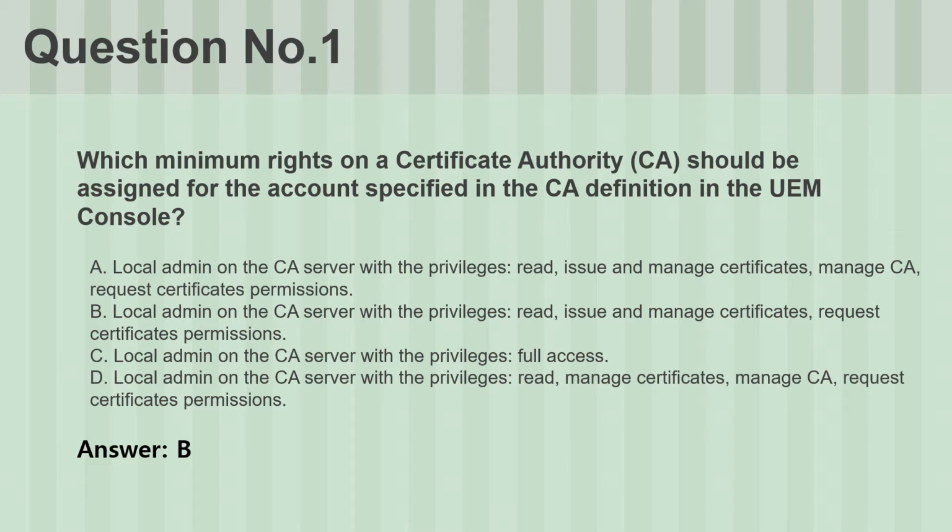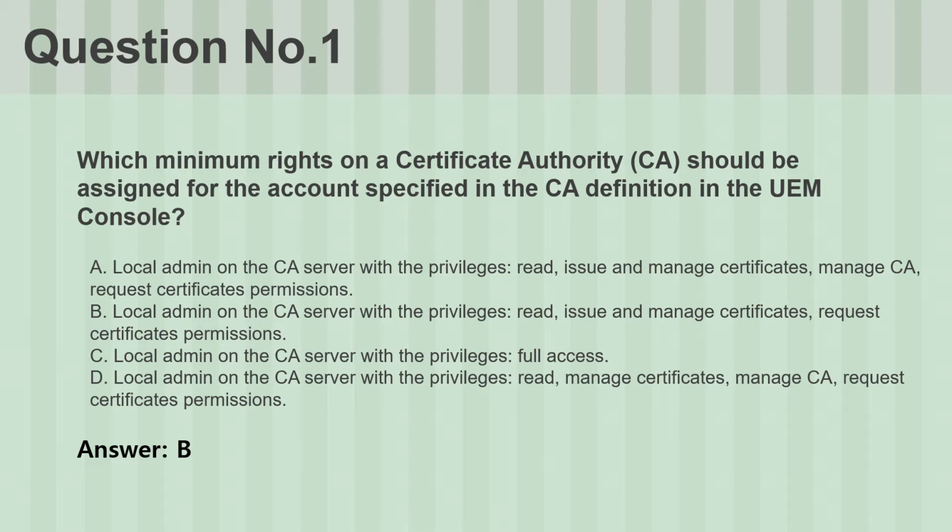Question number 1. Which minimum rights on a certificate authority, CA, should be assigned for the account specified in the CA definition in the UEM console? A. Local admin on the CA server with the privileges read, issue and manage certificates, manage CA, request certificates permissions.